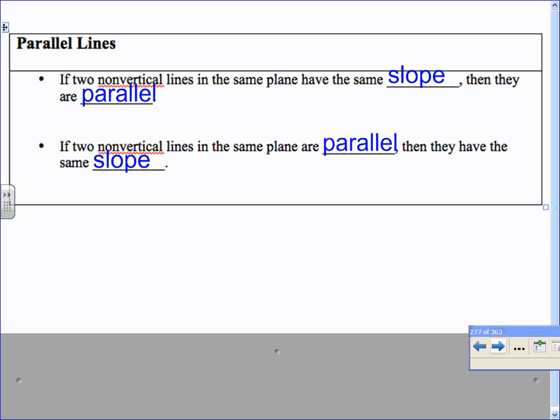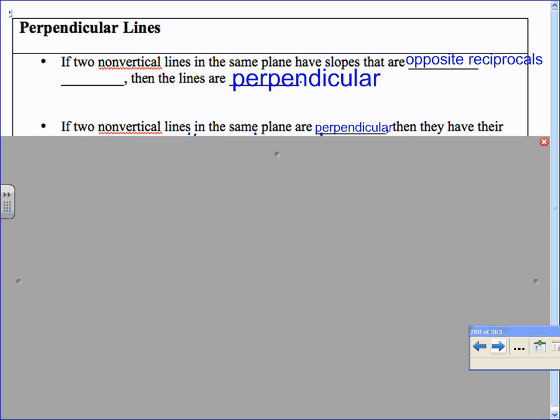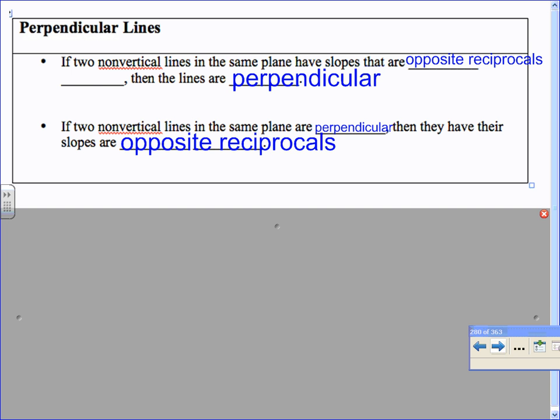All right, when you're done with that, flip over to page 22. And on 22, the box at the top says perpendicular lines. You might want to make the symbol for perpendicular so you don't forget. And I want you to fill in, if two non-vertical lines in the same plane have slopes that are opposite reciprocals, then the lines are perpendicular.